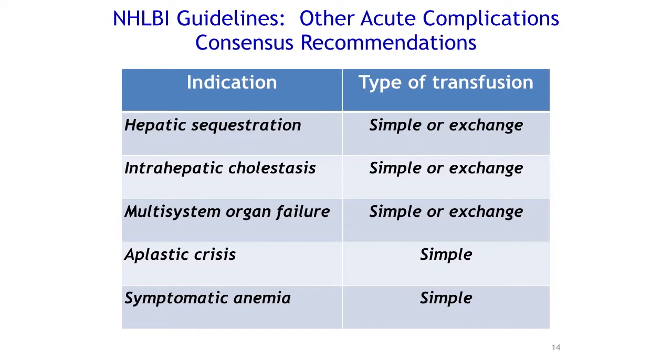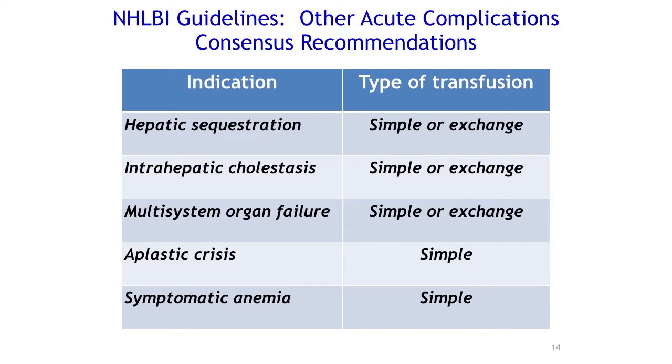Intrahepatic cholestasis, I have never come across this in our setting as warranting transfusion, but going by the recommendations in the States, it would require a simple exchange transfusion. And maybe we can look at these and see how we can develop our own guides of transfusion, just like it has come up in the earlier discussion.